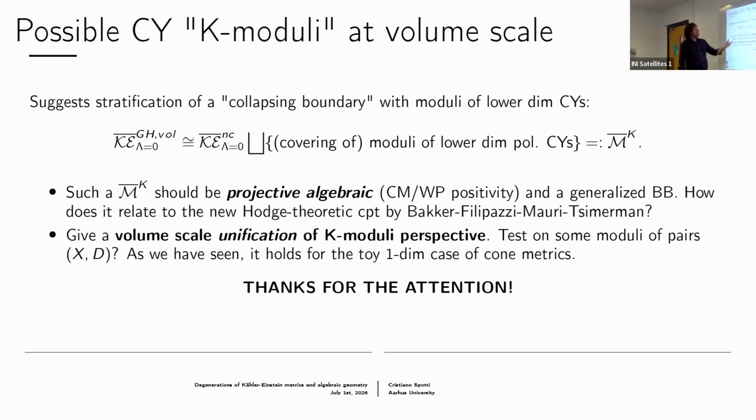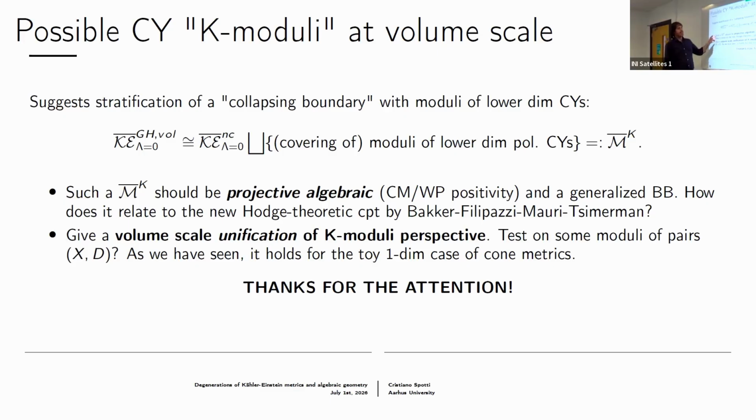And in conclusion, this suggests that if you look at the volume scale, which is the one where you look at the moduli space of K-polystable varieties in general, the natural projective compactification has some sort of boundary that parametrizes classes of lower dimensional Calabi-Yau, going back to Patricia's question. And this is likely to be projective algebraic, at least because of the holomorphic components.